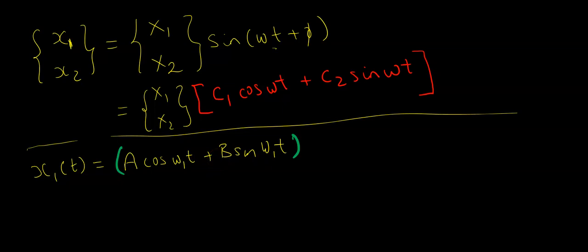Then you want to say, well, I need to include the second mode of vibration, and I'm going to put that second mode of vibration in orange, right? It's not going to be the same as A and B. Maybe it might start with C. And it's not going to be cos omega 1. It's going to be C cos omega 2 t plus D sine omega 2 t.